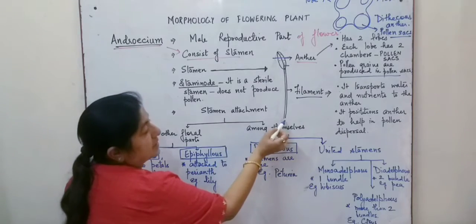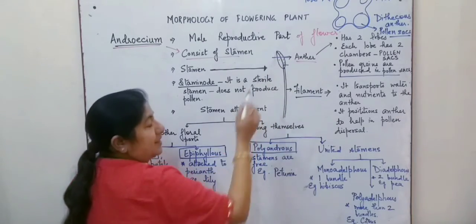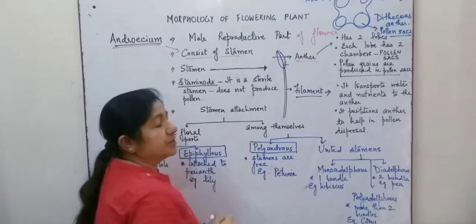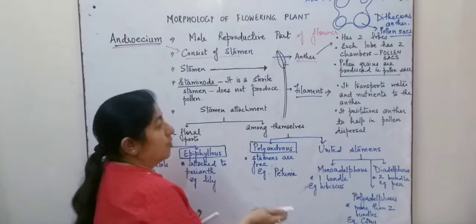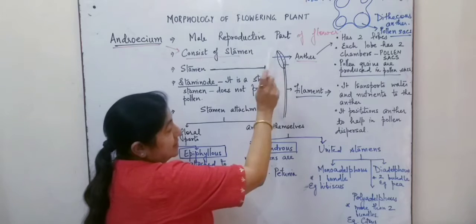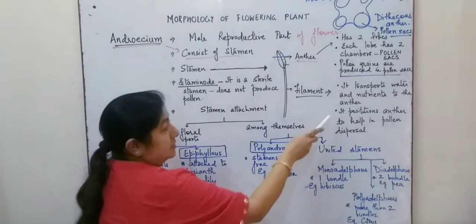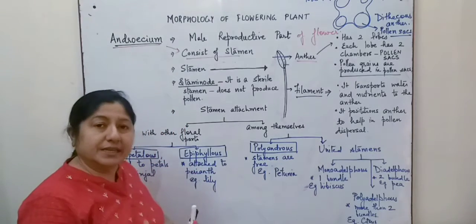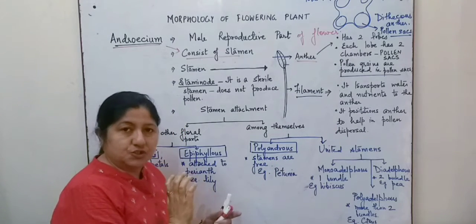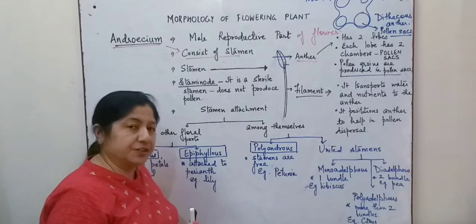So all the nutrients, water and minerals will be transferred to the anther, which is required for the development of the pollen grains. Also, it provides attachment to the anther, that is, it is a connection link between the anther and the flower. Also, it positions the anther to help in easy pollen dispersal. So the filament will help the anther position in such a way as to enable better pollen dispersal for effective reproduction.